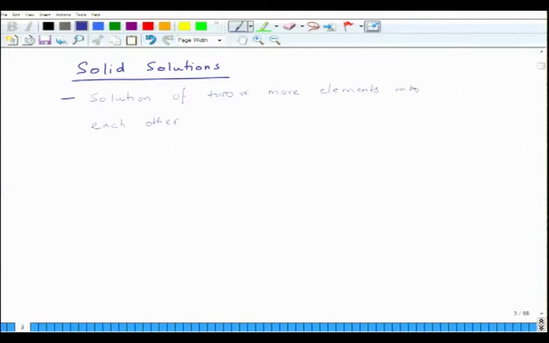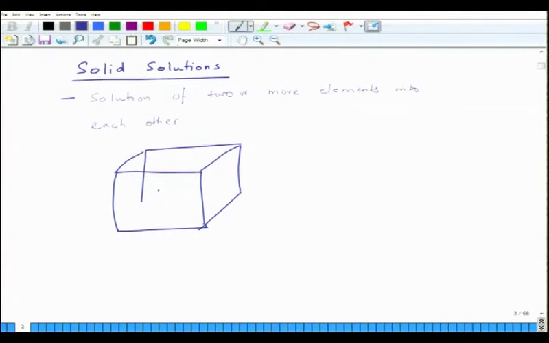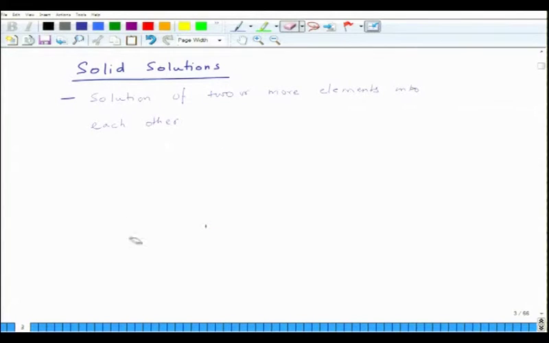So what does it mean? You have a lattice of some structure, let us say some element. Let me just first draw the 2D diagram without getting into 3D.